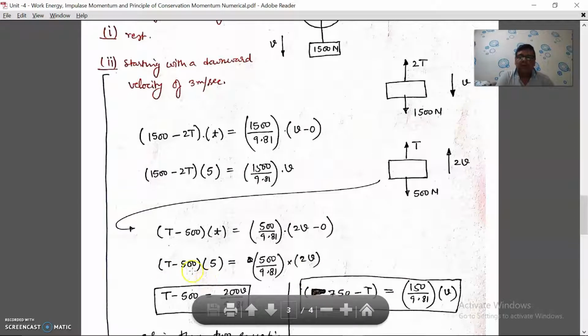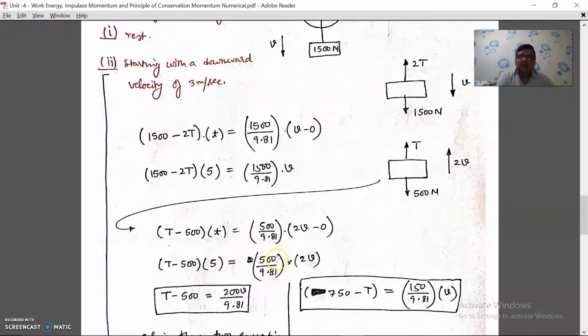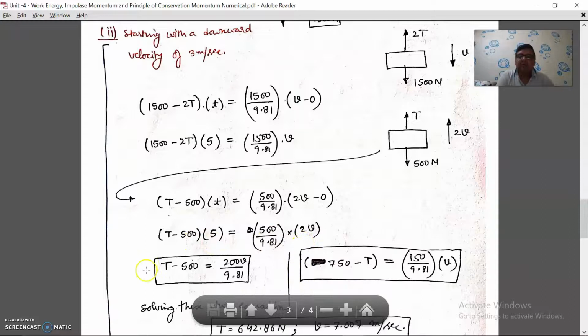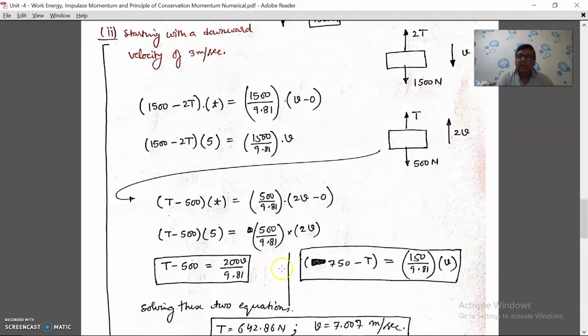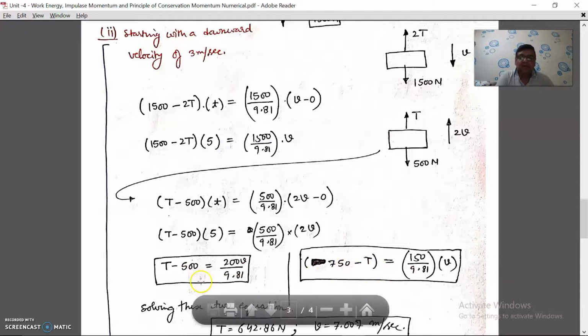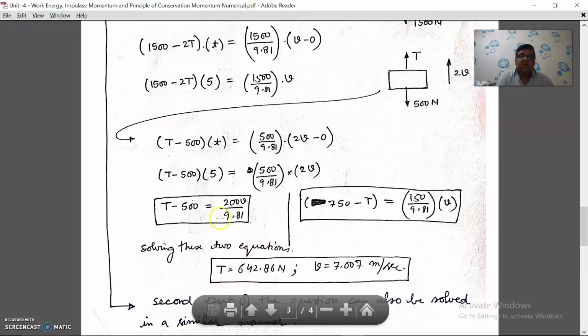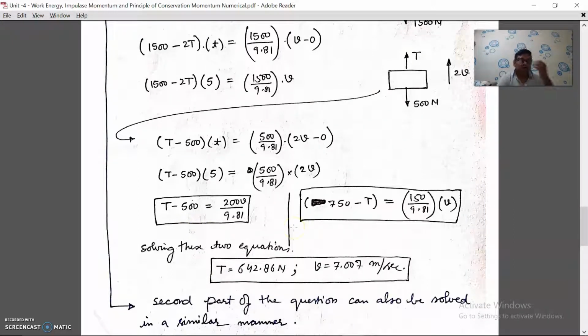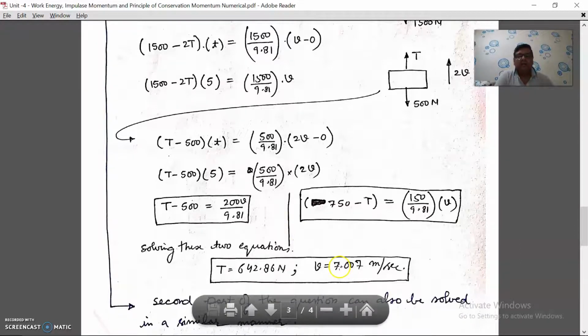Or T minus 500 into 5 is equal to 500 upon 9.81 into 2v, or T minus 500 is equal to this, or it is 750 minus T, and this is the earlier equation. These are the two equations, and with the help of these two equations we can easily solve this numerical, right? And we can get the values of T and v.